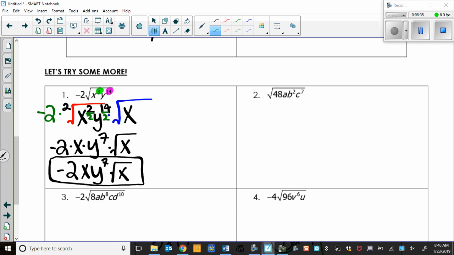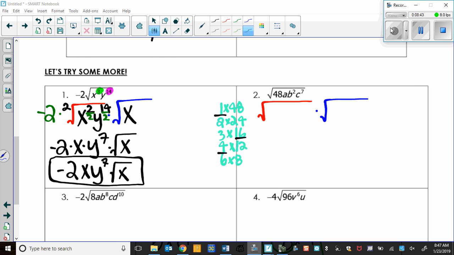All right, I'm going to go ahead and try number 2 really quickly for you guys. And here we go. So those are the different combinations in order for me to get 48. I've underlined the perfect squares, but there's only one combination that I can use, which is 3 times 16. So I'm going to place the 16 inside of my first radical because I'm going to be able to simplify that.